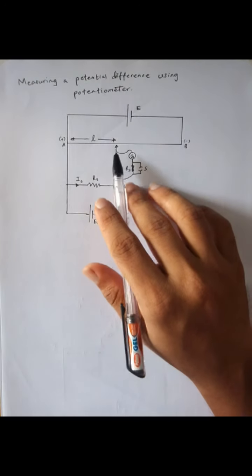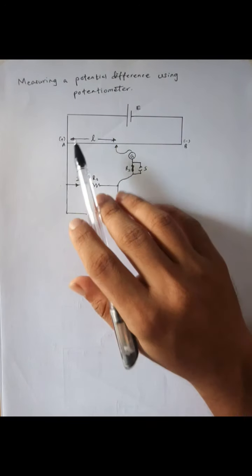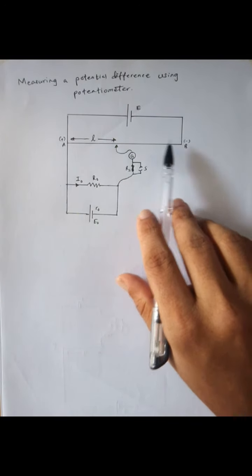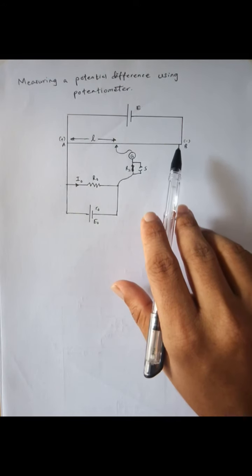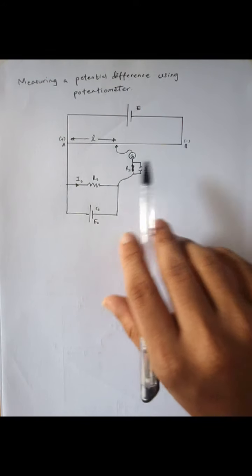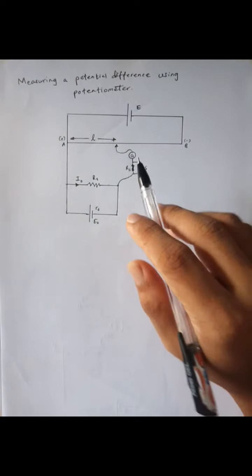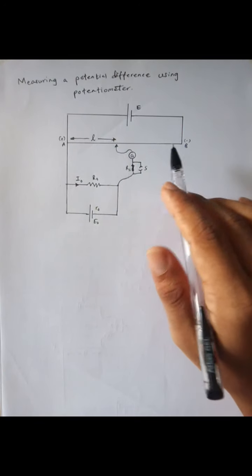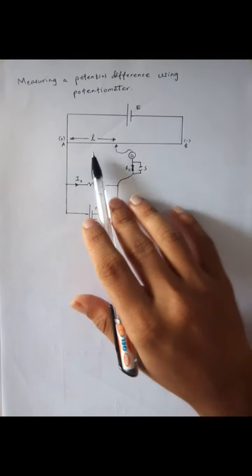Well, the first thing is you want to take this jockey and make contact with both ends of the potentiometer wire, and check whether the deflection is on both sides. Only then would you be able to obtain a balance length in between.